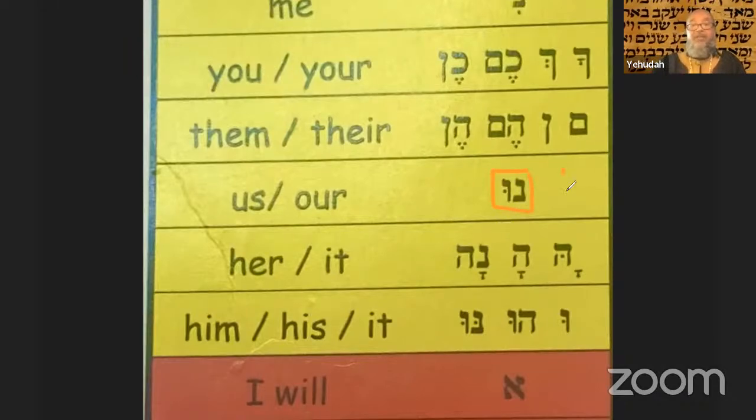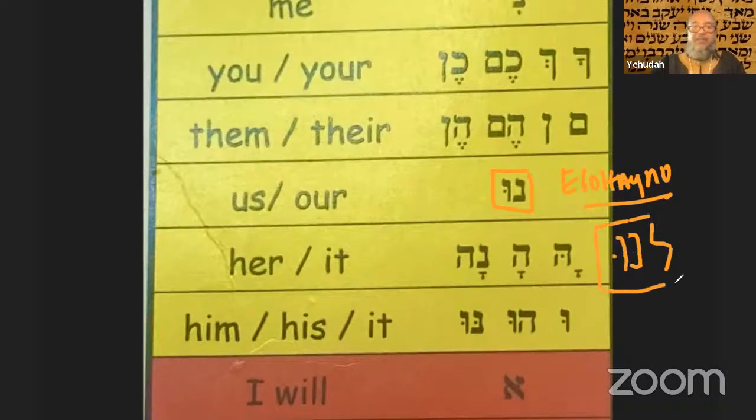So Eloheinu means that he is our Elohim. Okay. When he's talking to, and I'll put up a word here, a lamed, a noon, and a vav. That doesn't look like a vav. Oh, I keep wanting to make it look a little longer. What did I just say right here? Lanu.